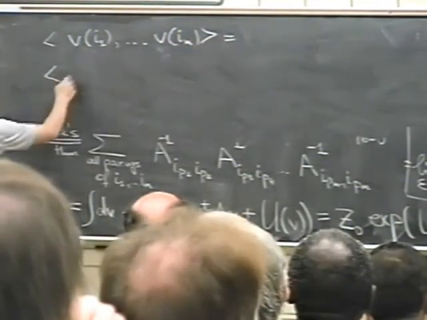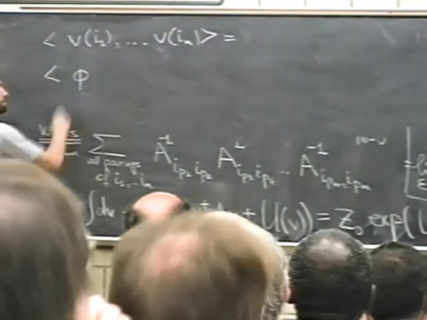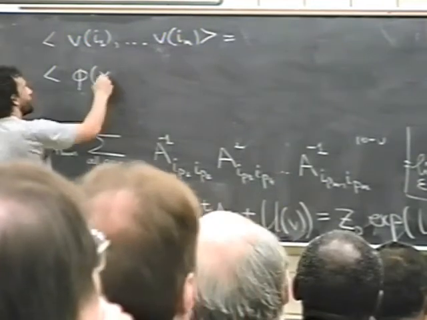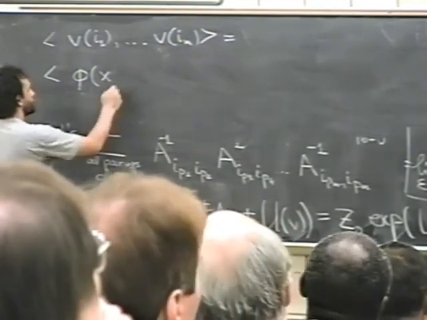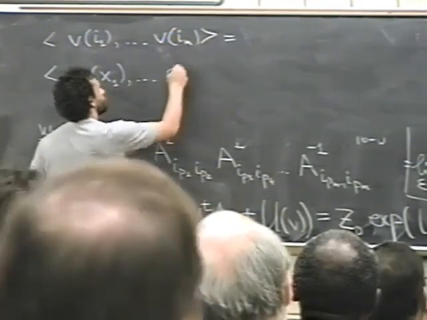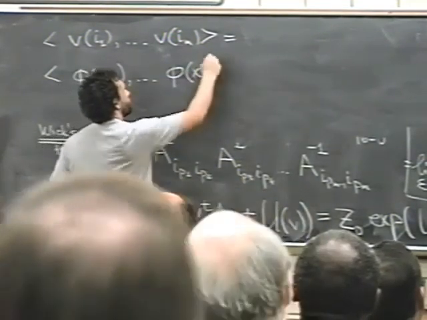Now these v's are called phi's, and these discrete indices move to x's: x1, up to xm.